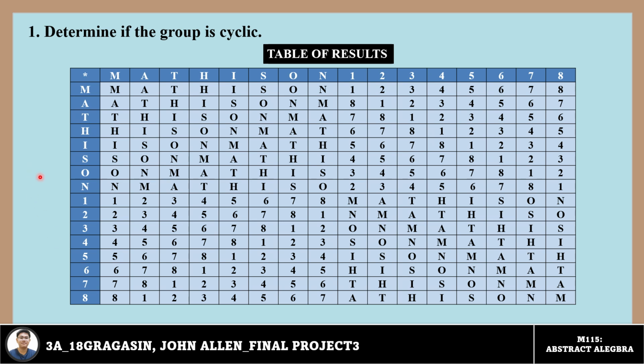To determine whether it is cyclic or not, we'll let the elements in this table be the set G, equal to the elements M, A, T, H, I, S, O, N. If there exists at least one element in the set that generates the entire set G itself, therefore this group table is cyclic, otherwise not.